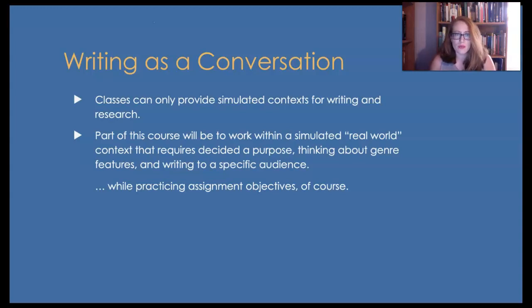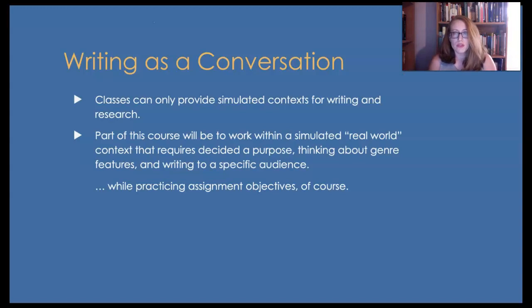So one of the things that we'll be doing in this class is trying to work within a simulated real world context, as realistic as we can get, where you choose your own question the way that you would if you were a real researcher or a real scholar.